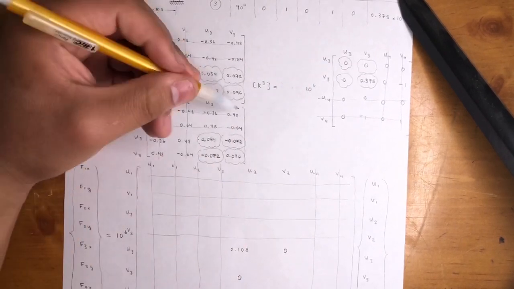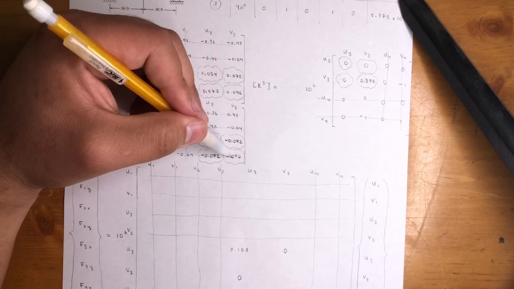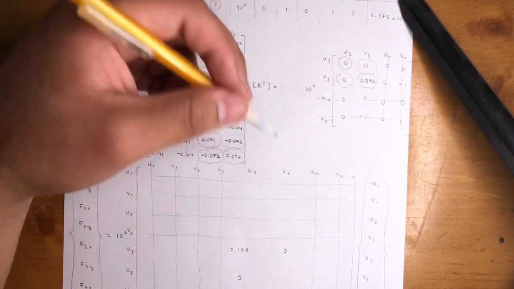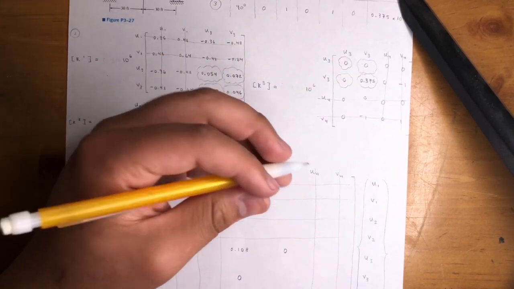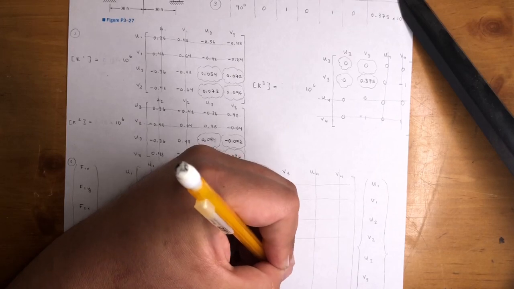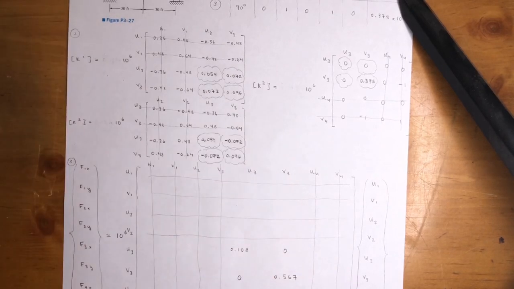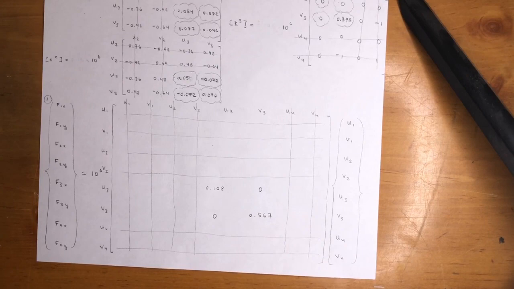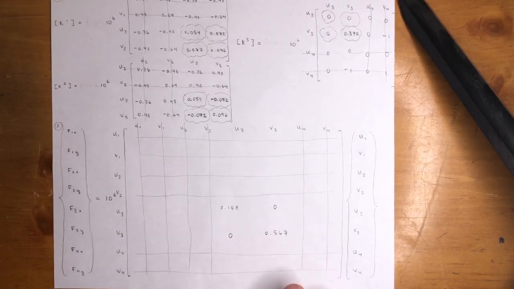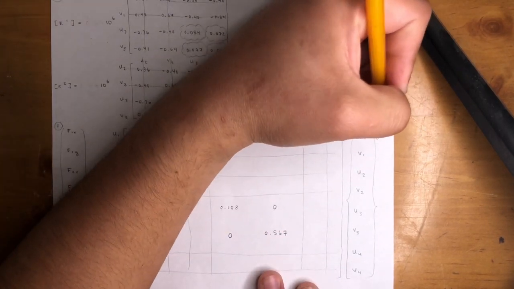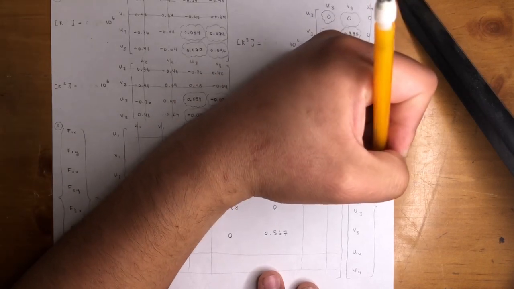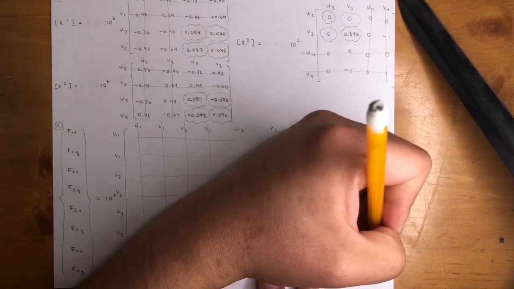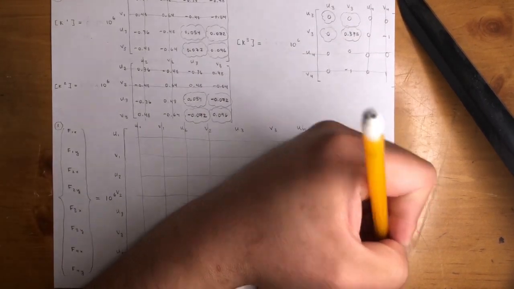So that's 0. And finally 0.096, 0.096, 0.375; add those three together and you will get 0.567. All right, we got that. All these others were 0.